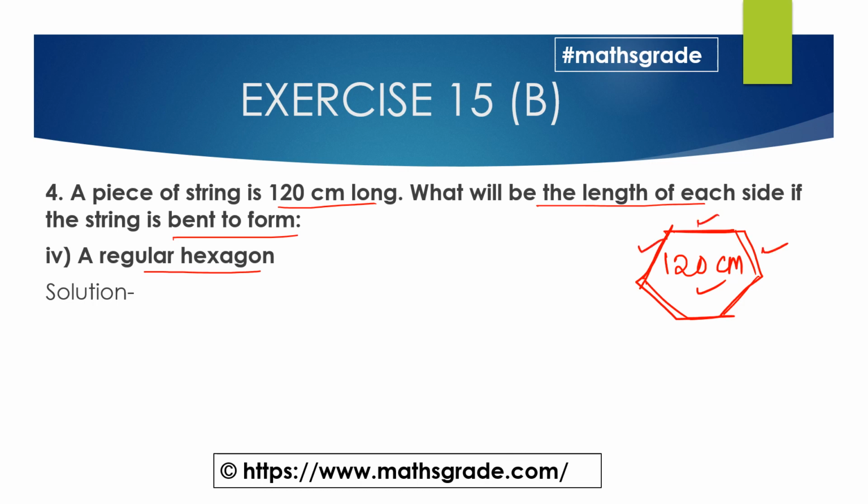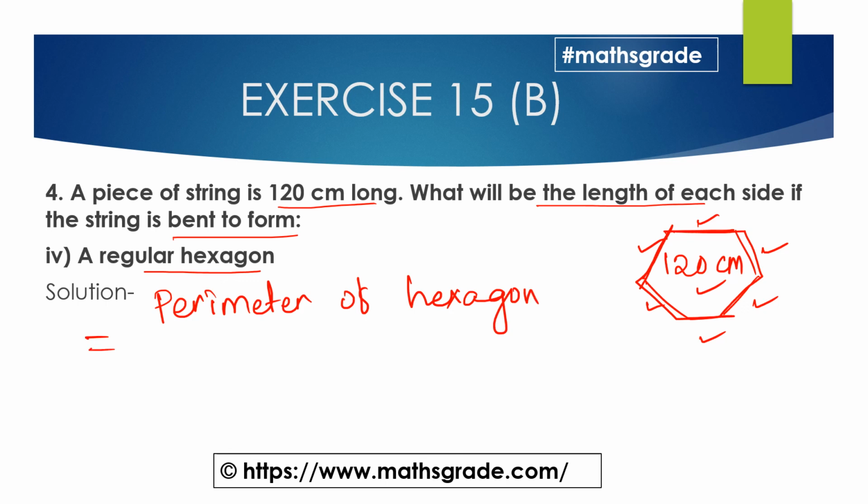1, 2, 3, 4, 5, 6. We have to find out the length of each side of the string, that is the length of the side of the regular hexagon. We know the perimeter of a hexagon is 6 multiplied with the length of one side.